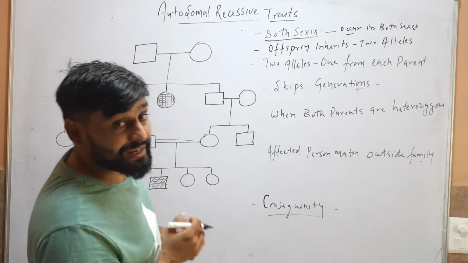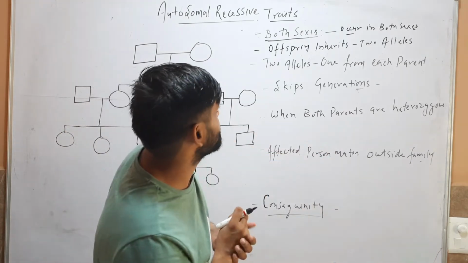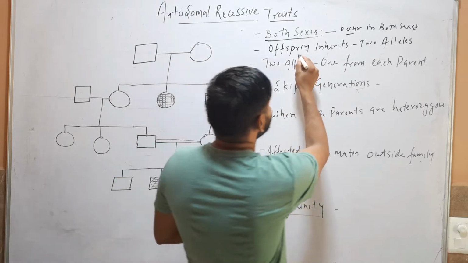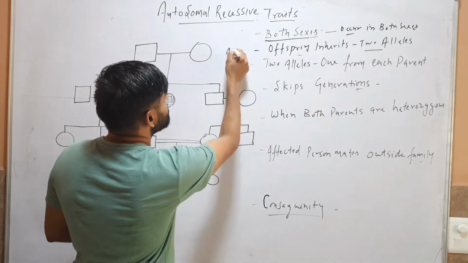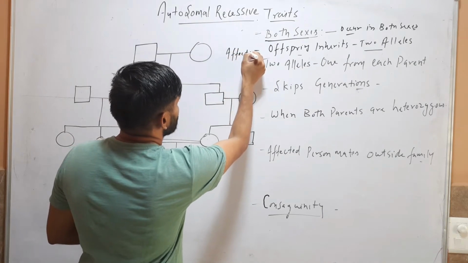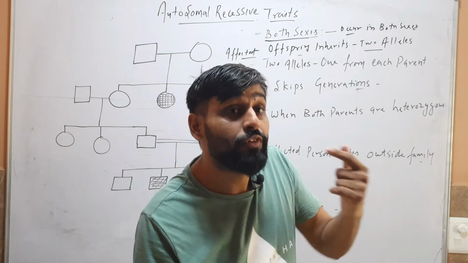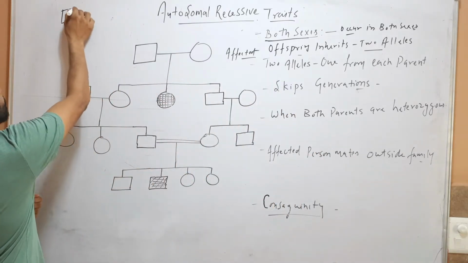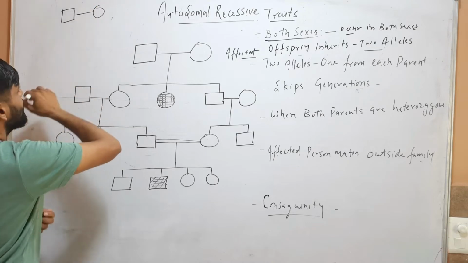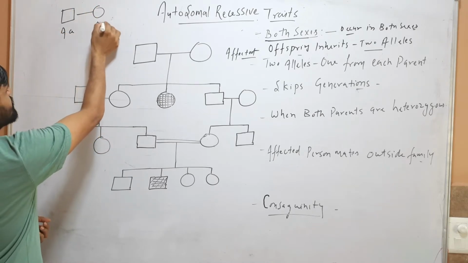The next character of autosomal recessive trait is that offspring inherit two alleles. So here an affected offspring must inherit two copies, one from each parent. Suppose these are parents and they have a genetic makeup like this.